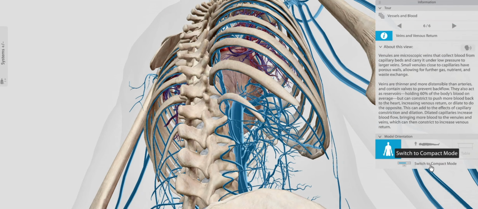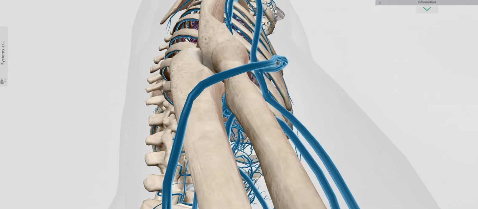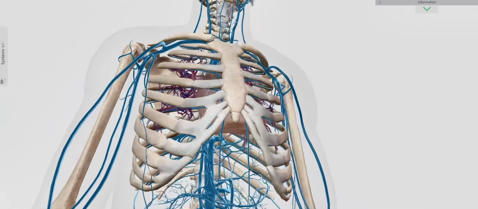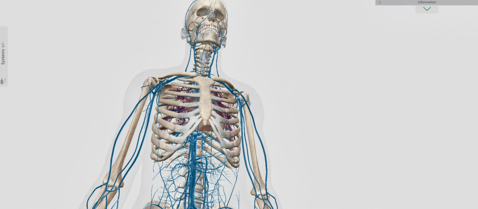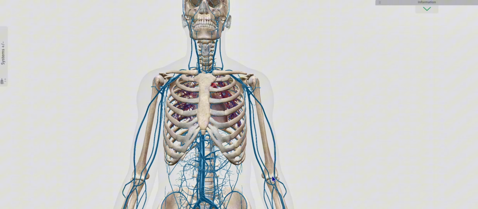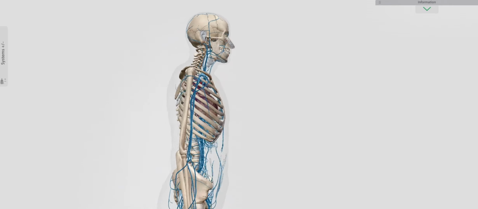On the venous side specifically, like we said, the venous side runs pretty much with and along the arterial side. It is less pressure.